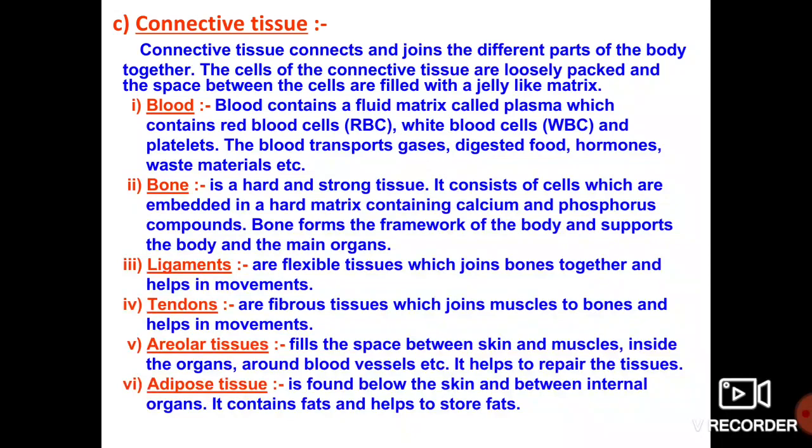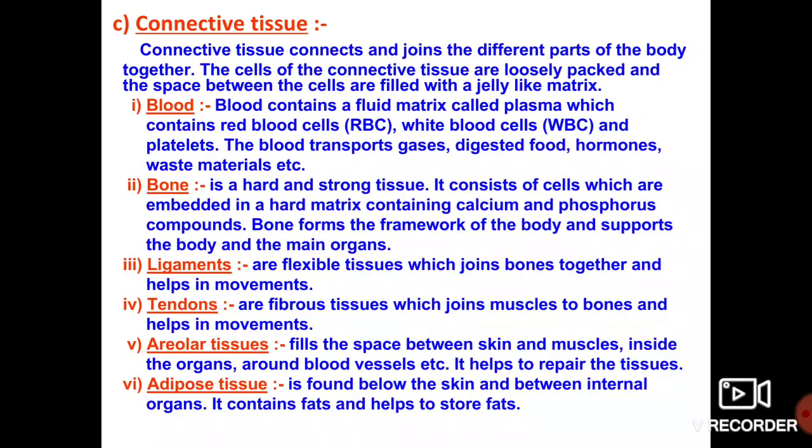So how are the cells arranged here? We find the cells loosely packed, and the space between the cells is filled by a jelly-like substance, which we call matrix. In the connective tissue, between one cell and another cell, there is that jelly-like substance, that is, matrix.